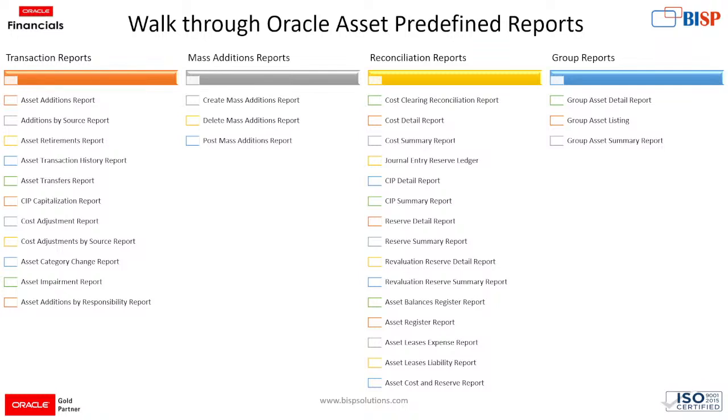And the cost detail report provides you with a list of asset level, asset cost, account balances for a specific period. Then there is a cost summary report.